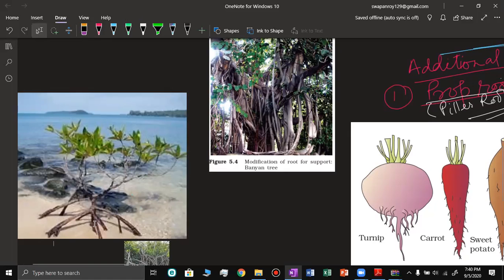So this is coming out from the stem, and like a foot they are giving the additional support.